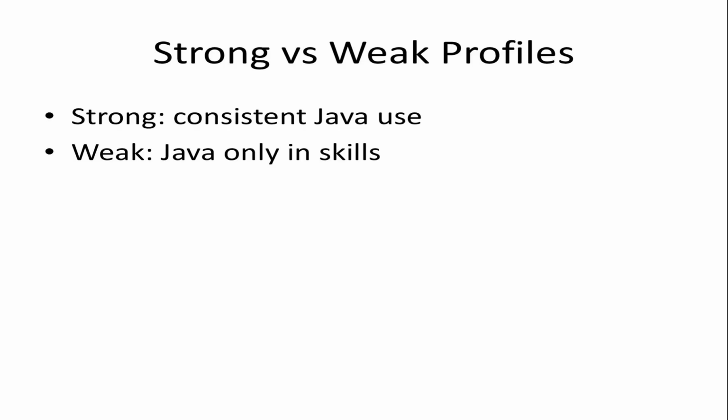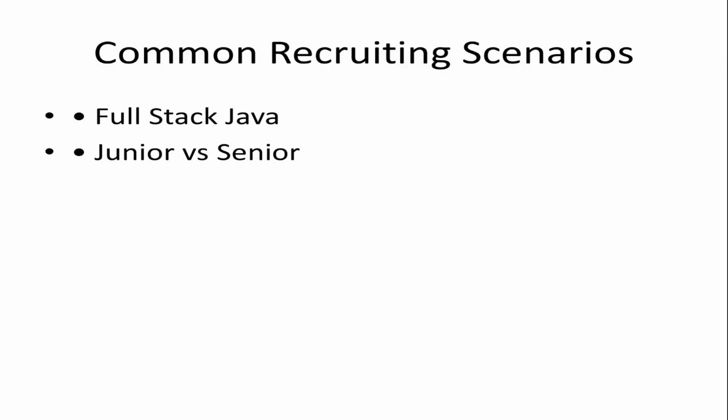Context matters more than the buzzwords. Don't just look for Java. If you get Java in the project, read what exactly they have done, what they have built using Java. Read the bullet points, understand the skill set. Just looking for a Java keyword will not help you shortlist your resume. If you want to identify strong versus weak profiles, read the resumes.